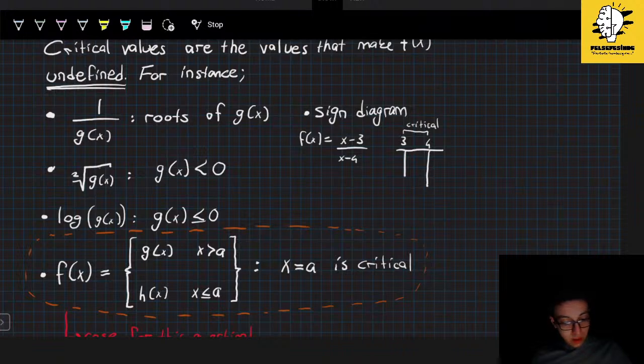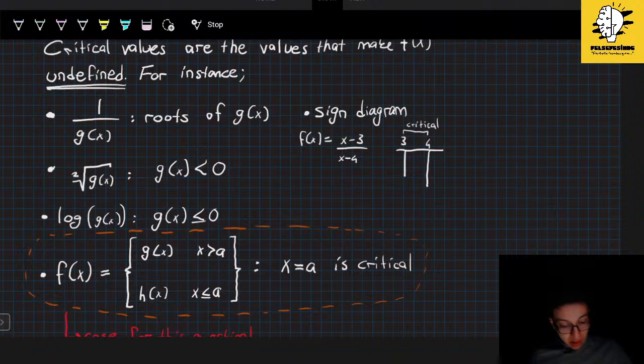Similarly, if we have a square root, g(x) having a value smaller than 0, or log g(x), if it is equal to or below 0, since a logarithmic function cannot take a negative value, it will make it undefined. And if we have a sign diagram, the sign diagram values that we put here will also make it critical, which we will also discuss in the curve types, and it will be in the differentiation part, obviously.